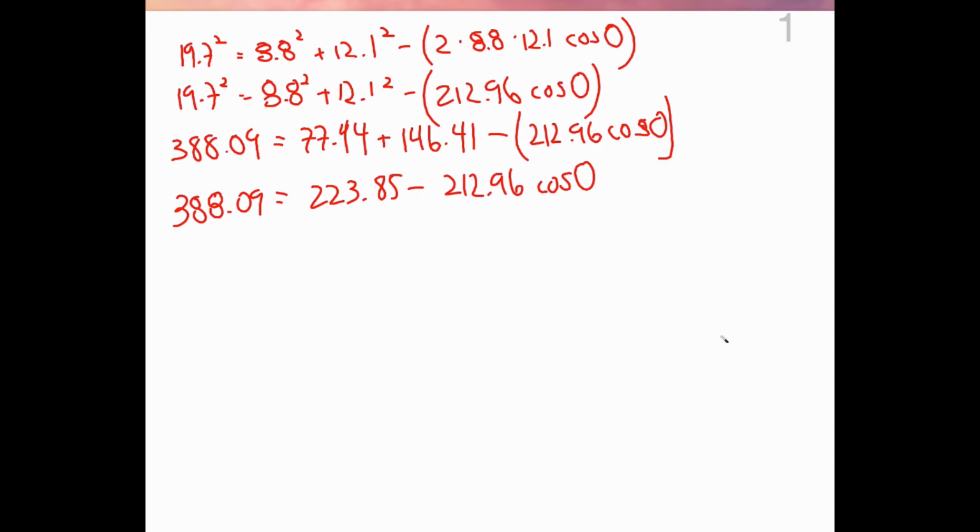I'll tell you what some of you would do, which would be wrong. Some of you would then take 223.85 and subtract 212.96, right? Yes, you would. And that would be wrong. Why, Faith? Well, I actually have a question. What is the point of having parentheses? Because to eliminate the exact scenario that I'm talking about now.